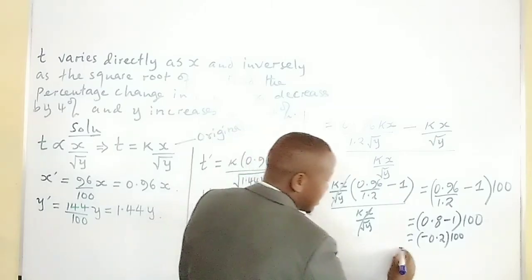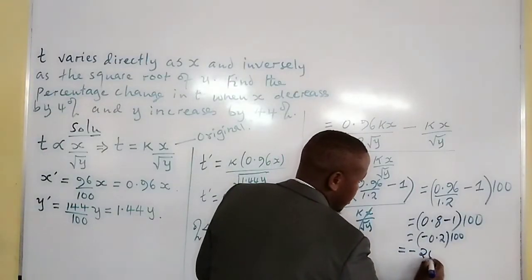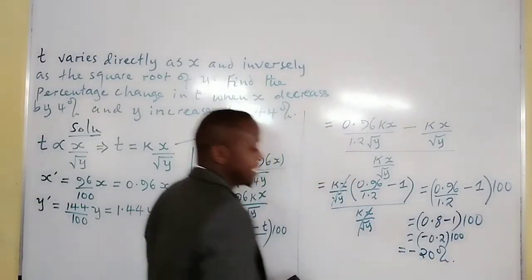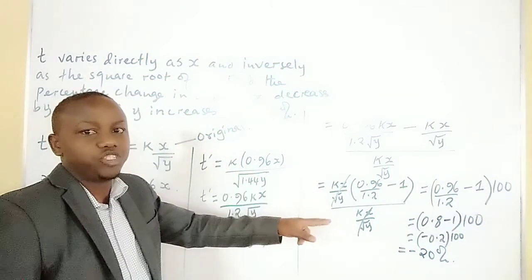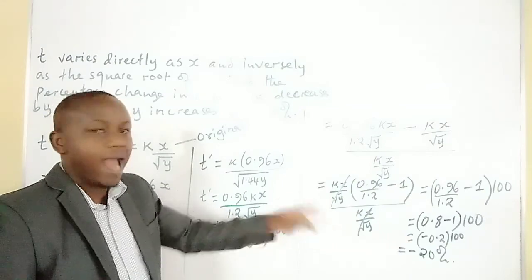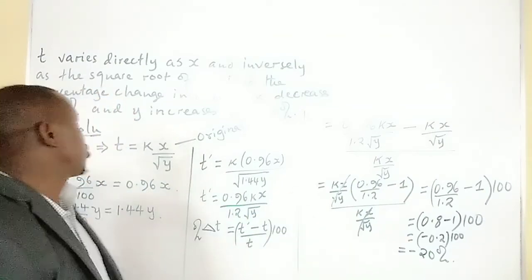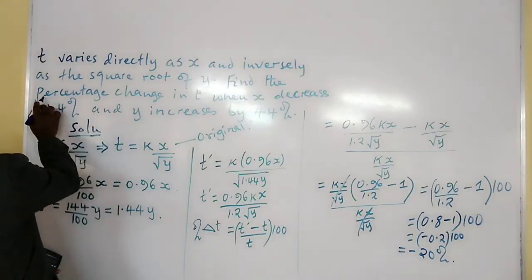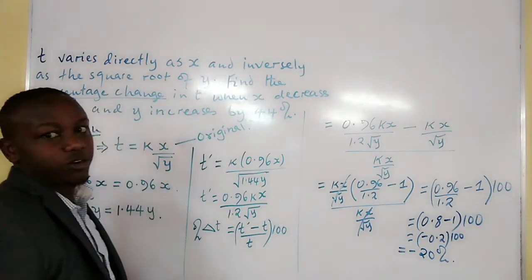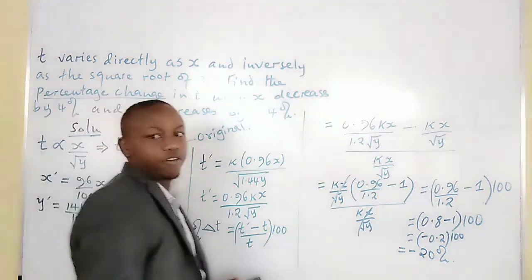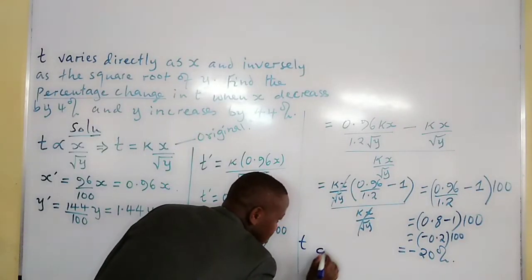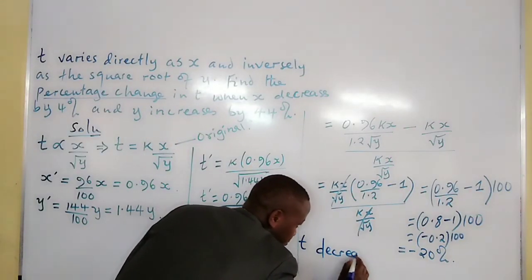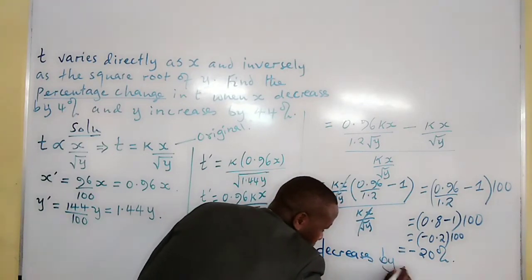This gives us negative 20%. We are saying that the percentage change is negative. So now we should comment that the nature of the change is a decrease. Therefore, t decreases by 20%.